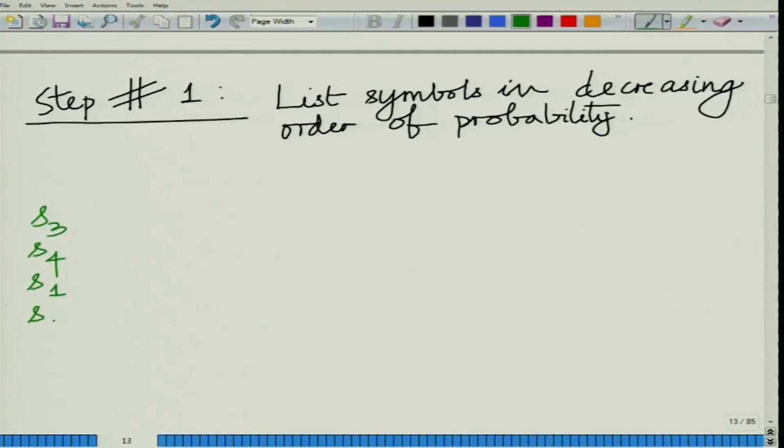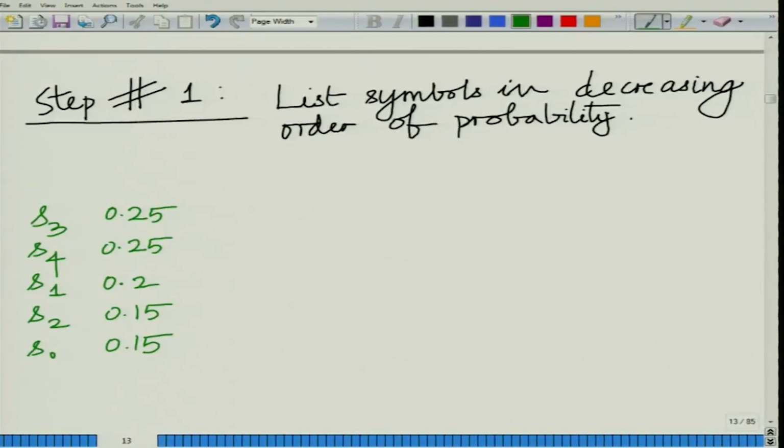So S3, S4, S1, S2, S0. So this is 0.25, S4 probability 0.25, S1 probability 0.2, and S2 and S0 have the lowest probabilities, which are 0.15 each.